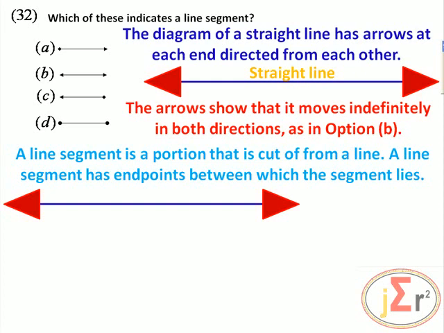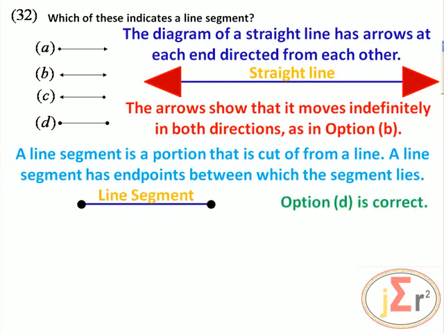Sometimes the endpoints are not shown, but a line is a collection of points, and any segment of a line must therefore have endpoints. So there is your line segment, a portion cut off or segmented from a straight line. That's your line segment. Option D is correct.